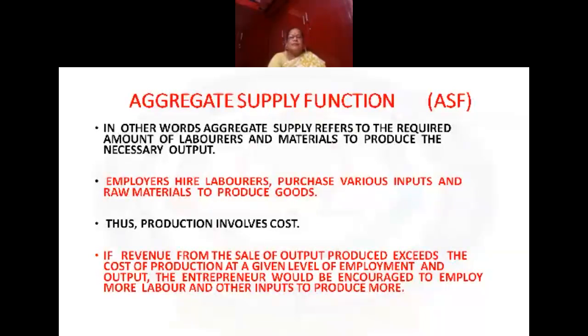Thus, production involves cost. If the revenue from the sale of output produced exceeds the cost of production at a given level of employment and output, the entrepreneur would be encouraged to employ more labor and other inputs to produce more.